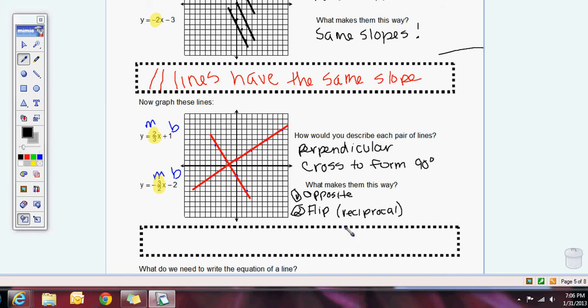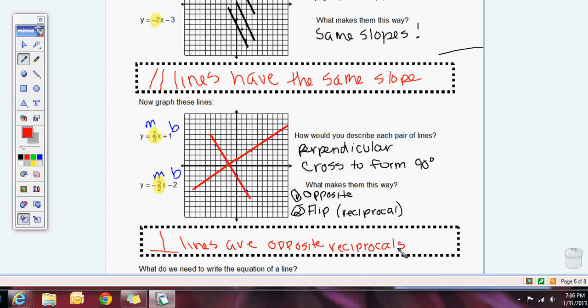So they're opposite reciprocals. So, perpendicular lines, the symbol for that, let's do this in red. Perpendicular lines, the symbol for that is that, are opposite reciprocals. Sorry, this is taking so long.